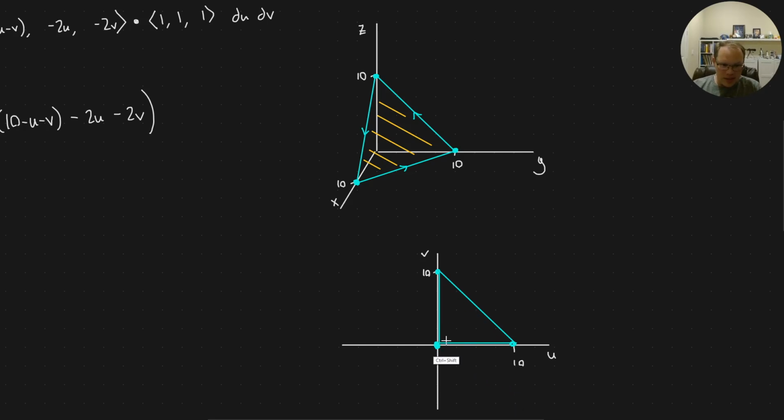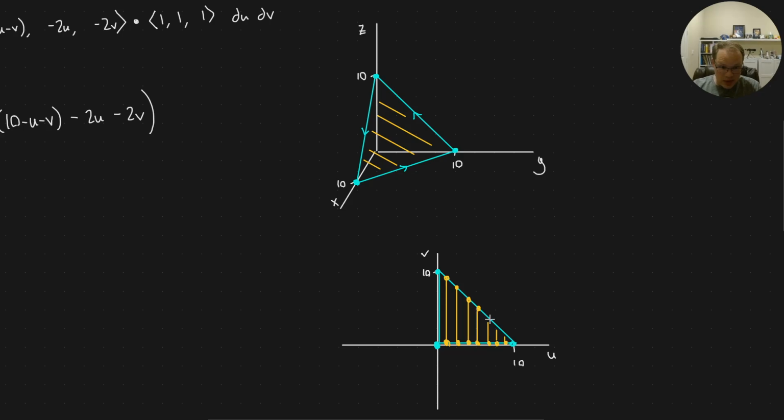So I could slice it up in either the x direction, the u direction, or the v direction. I'll slice it up in the v direction, which means I'd be integrating first with respect to v and letting u be fixed. If I slice it up in that direction, each slice starts at v equals 0, and it ends along this line here.